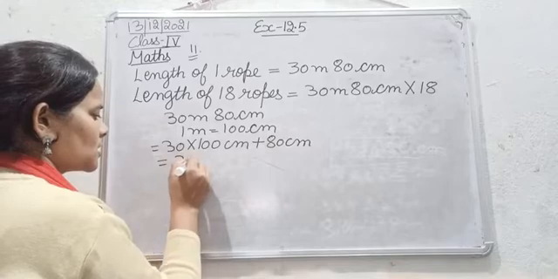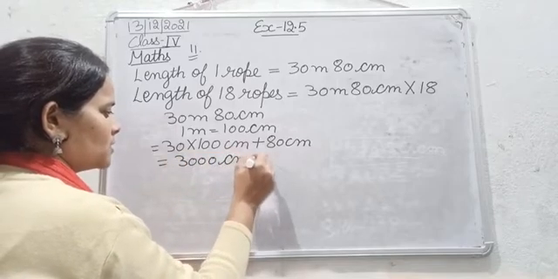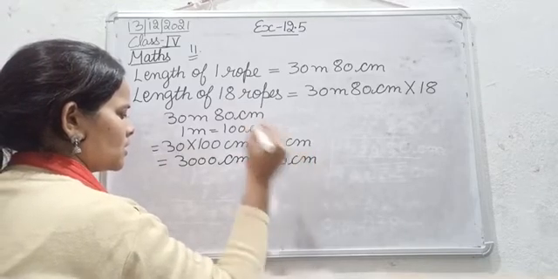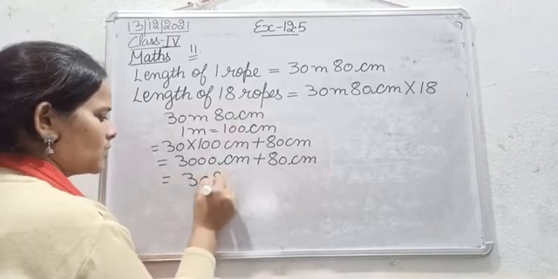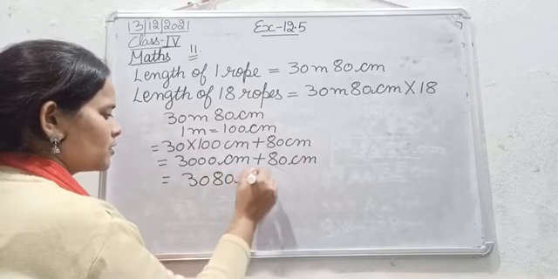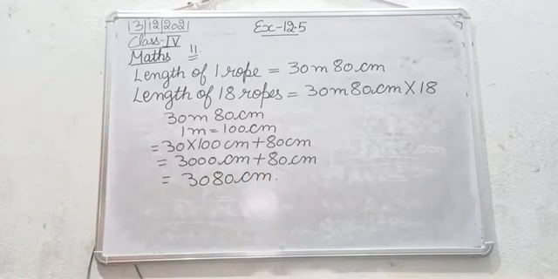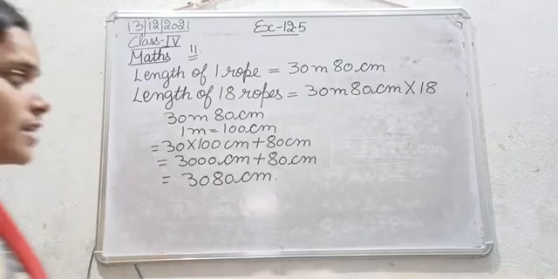This is 3000 centimeter plus 80 centimeter, so this is 3080 centimeter. This is the conversion. After conversion we got 3080 centimeter.